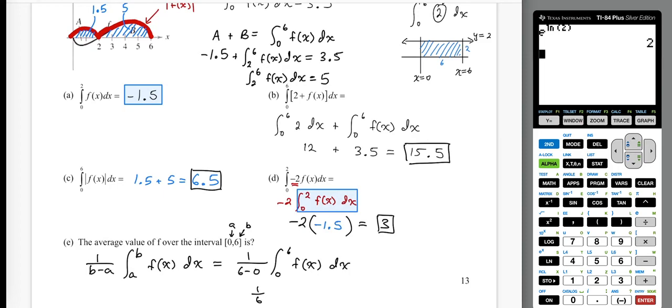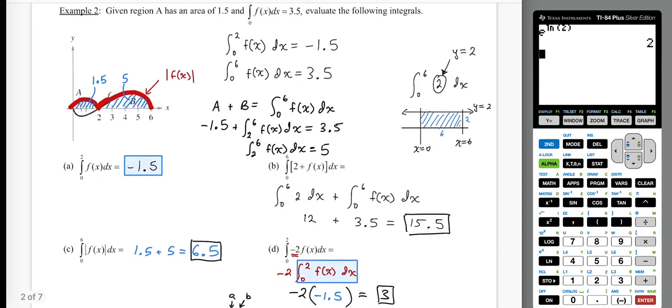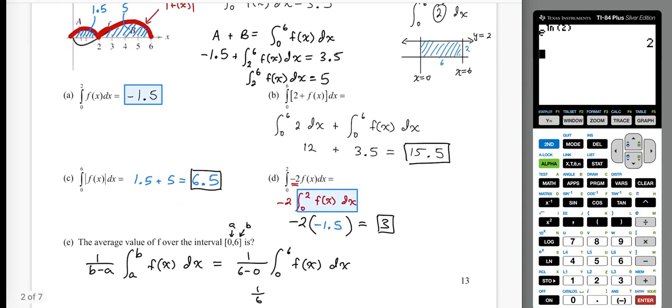So 1/6 of whatever the integral is over the interval of 0 to 6, which right in the beginning they told us was 3.5. So 3.5 over 6 is going to be 7/12.